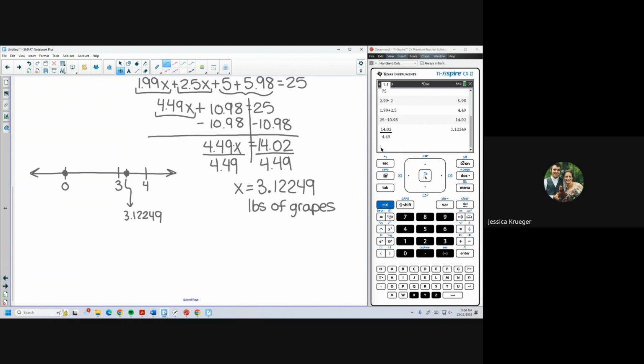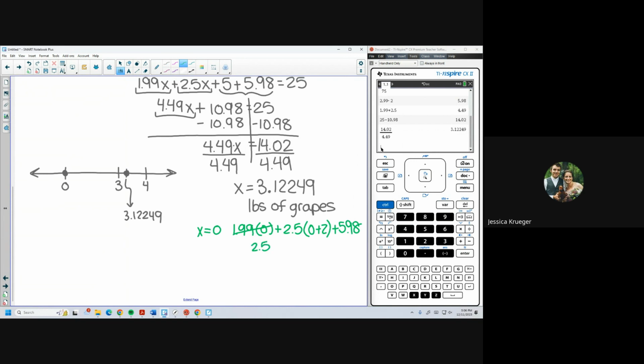But again, if I do a test point, I'll test when x is 0. So if I don't buy any grapes, that's going to be 1.99 times 0 plus 2.50 times 0 plus 2 plus 5.98. And I want to see what that comes out to be. 1.99 times 0 is gone. 2.5 times 0 plus 2.